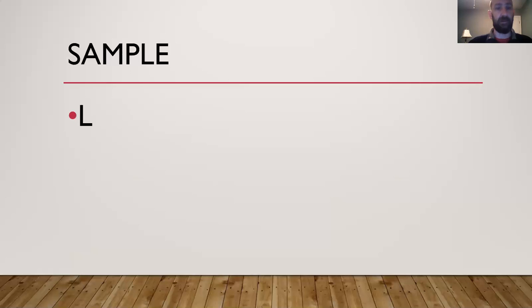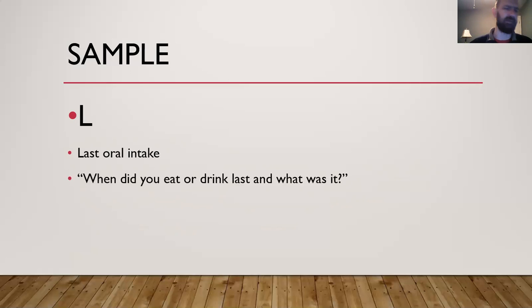All right, L is last oral intake, and what that means is, when did you eat or drink last, and what was it? This is information basically. If we have a GI problem, then it can relate to us. If it's a diabetic problem, then it can relate to us. Things like that.